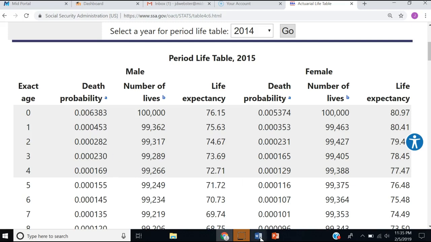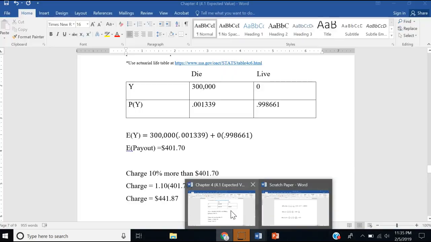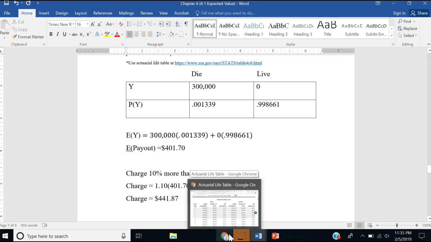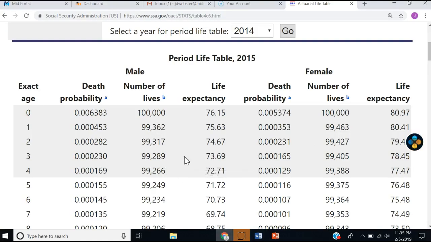Now, how that would translate into an actual problem is that this number, how much you charge, would be decreased if I said the average 22-year-old female walks in. It turns out, since males have higher death rates than females in general, you could charge females less because they're less likely to die.